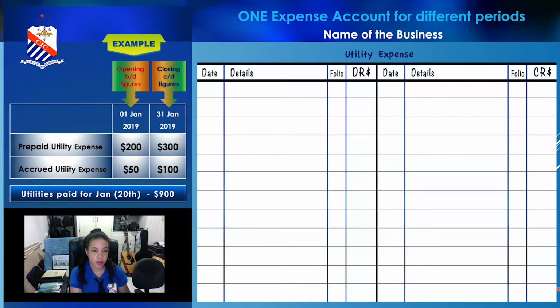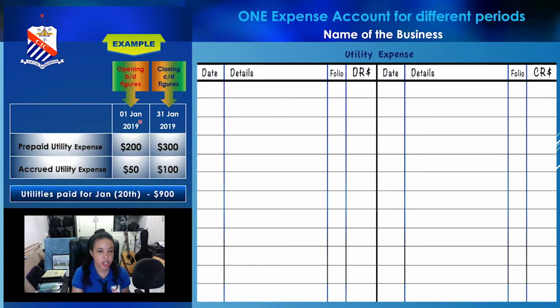And you would see from our example over on this side that we have our two balances, our opening balance, which would be the beginning date, 1st of January 2019, and our closing balance, the date would be the 31st of January 2019. So we are doing it for the period of January 2019, 1 month. That is basically it. You see it up there, right?